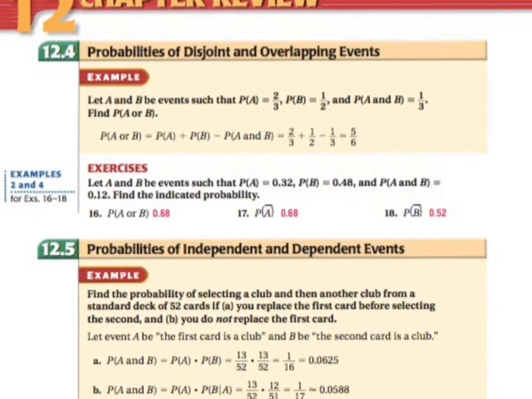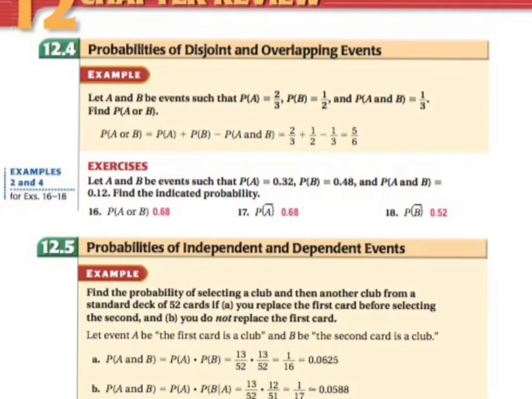Okay, 12.4, disjoint and overlapping. Remember disjoint, it's not possible for it to be both A and B, and overlapping is where it can be. So here's a lot of like and or the A bar, B bar. So if A is 0.32 and B is 0.48 and P of A and B is 0.12, find the indicated probability.